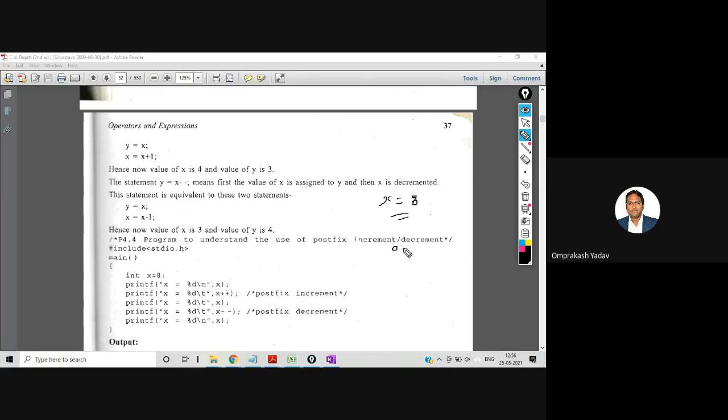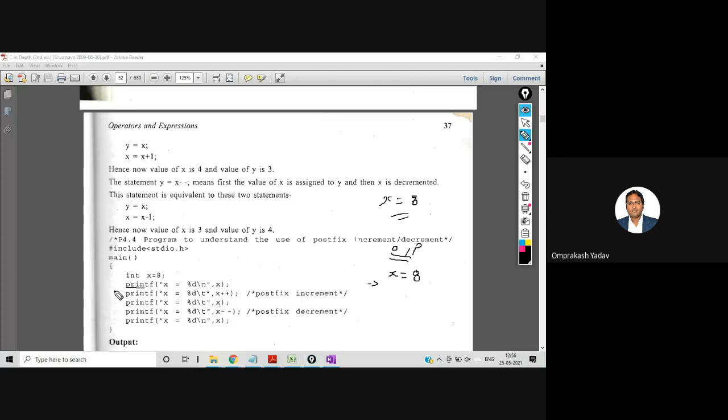Output will come only with the printf statement. At the place of %d, the value of x will be printed, and the value of x is 8. So x is equal to 8 will be printed, and after that slash n is there, so it will go to the next line.